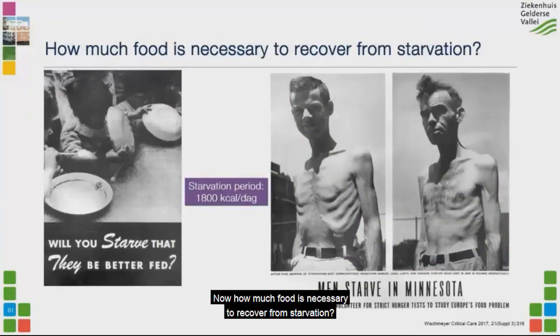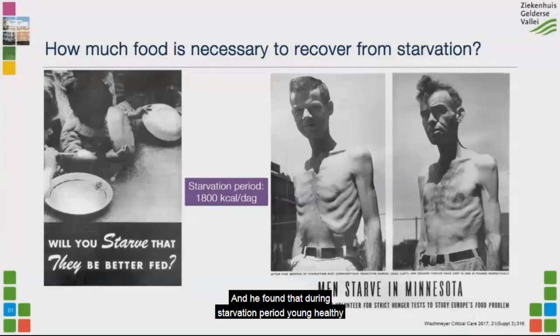Now, how much food is necessary to recover from starvation? Well, there are no studies in ICU patients, but we know from the Minnesota Starvation Project, a study that was performed years ago and was put into the light again by Paul Wischmeyer from Duke University in the USA.